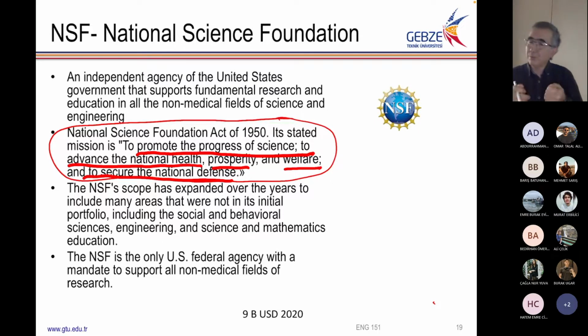Therefore, we have to put money into science to improve our conditions. That is what they said in 1950 and started to give money as government to private research institutions and universities, just like TÜBİTAK in Turkey. So they supported science.